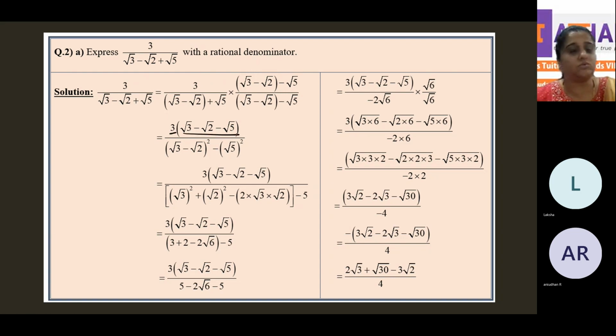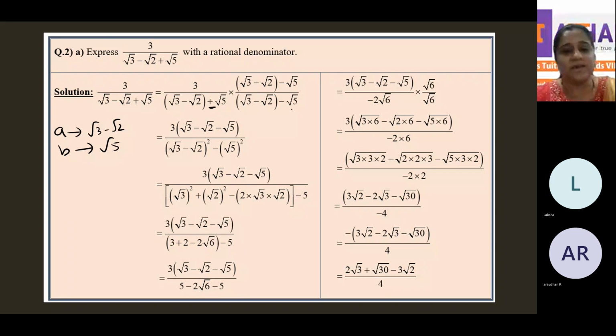You can see here 3 into this one, multiplying the numerators, and multiply the denominators. The denominators are in the form a plus b into a minus b, where a is root 3 minus root 2, and b is root 5.